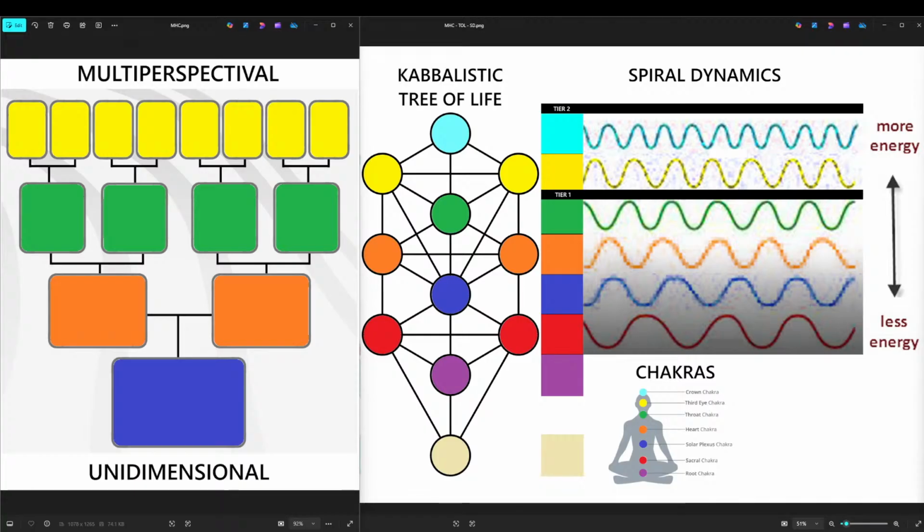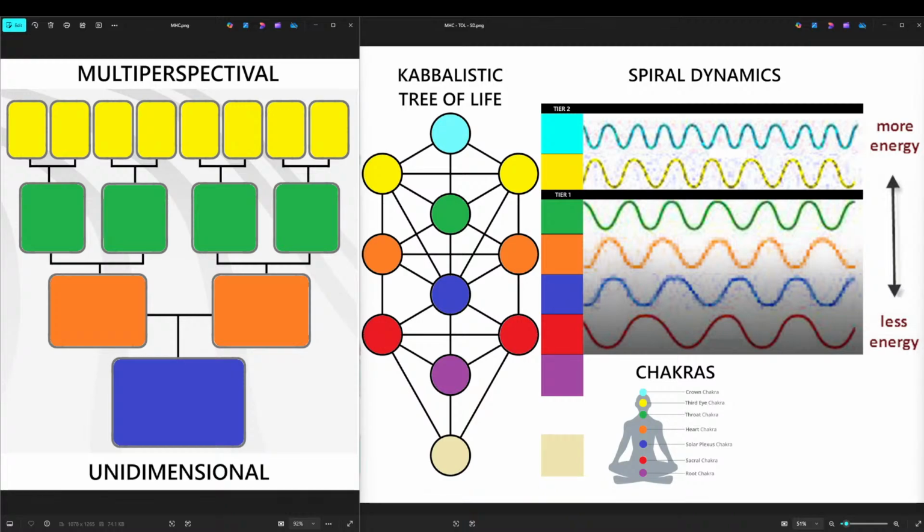Gurdjieff describes the levels of development, the differences between people, as being the differences between minerals, plants, animals, and men, and then you could even say gods or something. That is another analogy for the levels on the spiral.